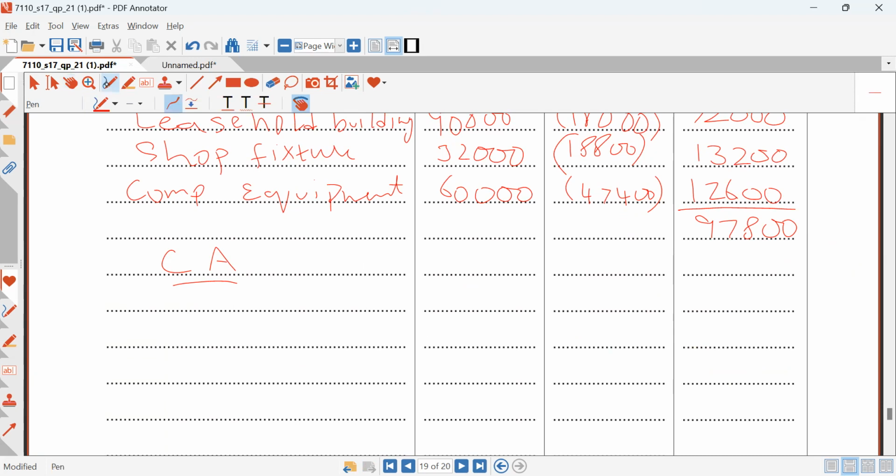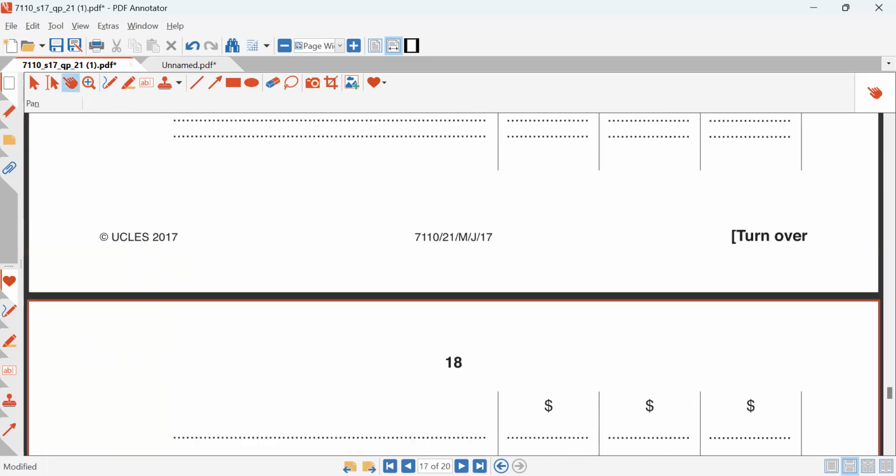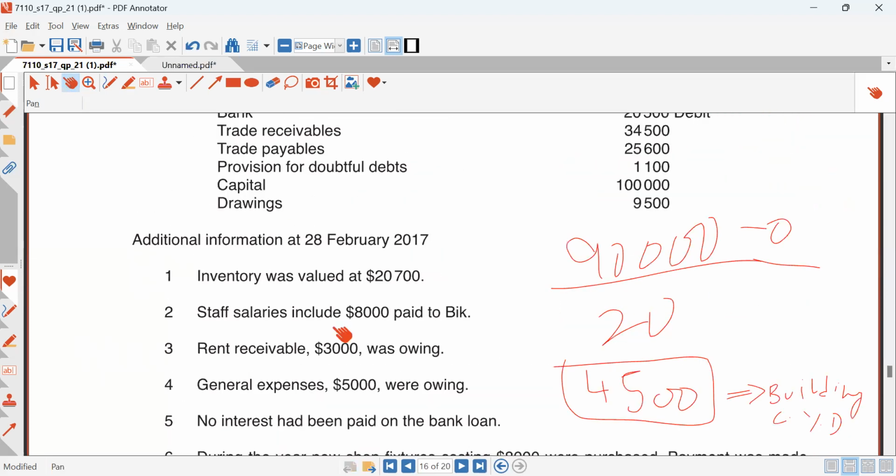So we have the closing inventory. The value is already given over here. There is no adjustment related to closing inventory, so I just have to copy paste the value of closing inventory. That is 20,700.